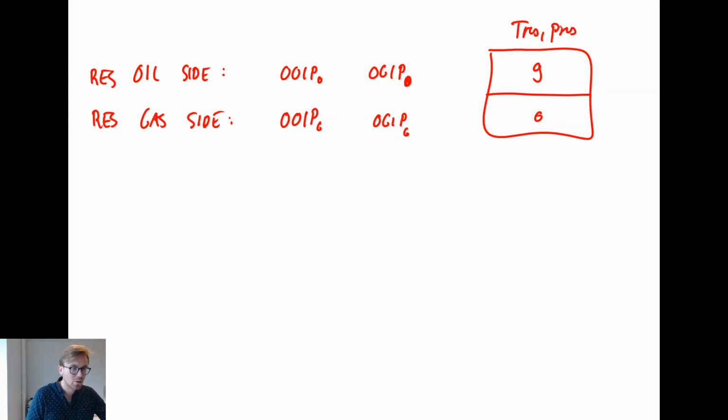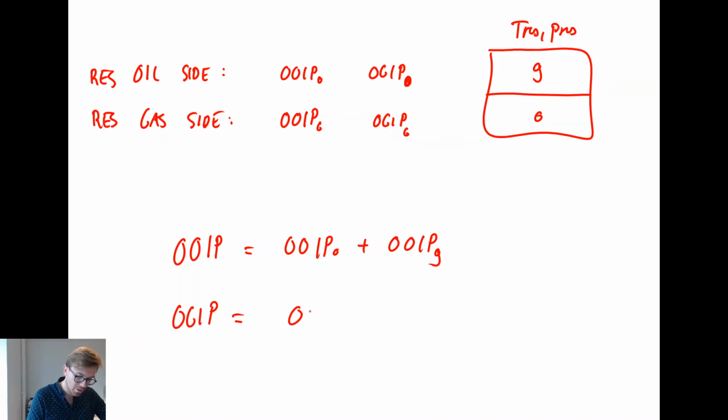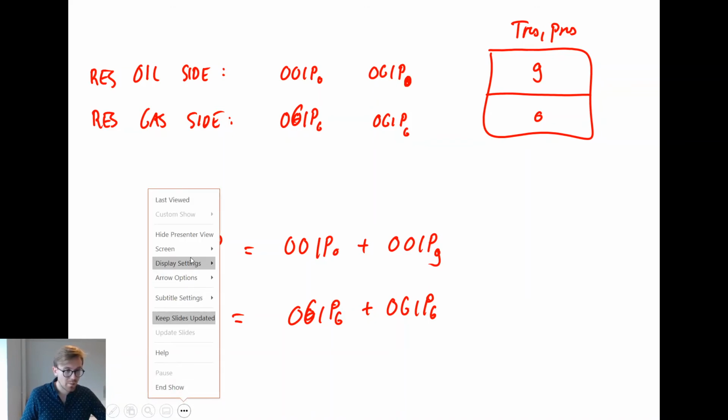Then if we would like to calculate and book reserves, our total original oil in place would be the total of original oil in place from the reservoir oil and original oil in place from the reservoir gas, while the original gas in place would be the sum of these two, original gas in place, like that. Okay, so fairly simple, and probably not the best explanation from myself, but it's just worth emphasizing.